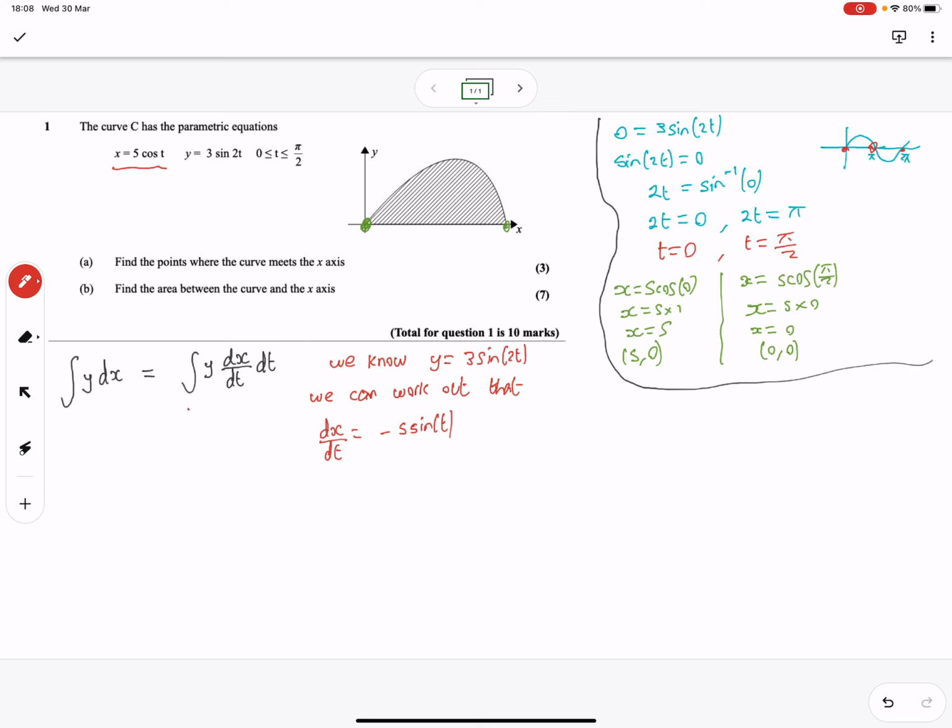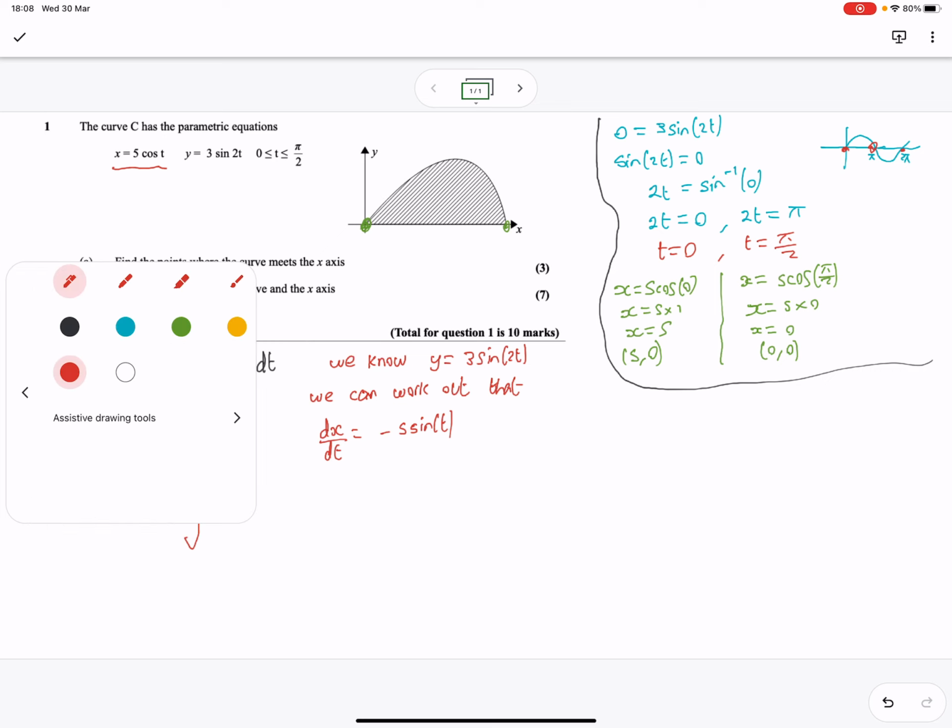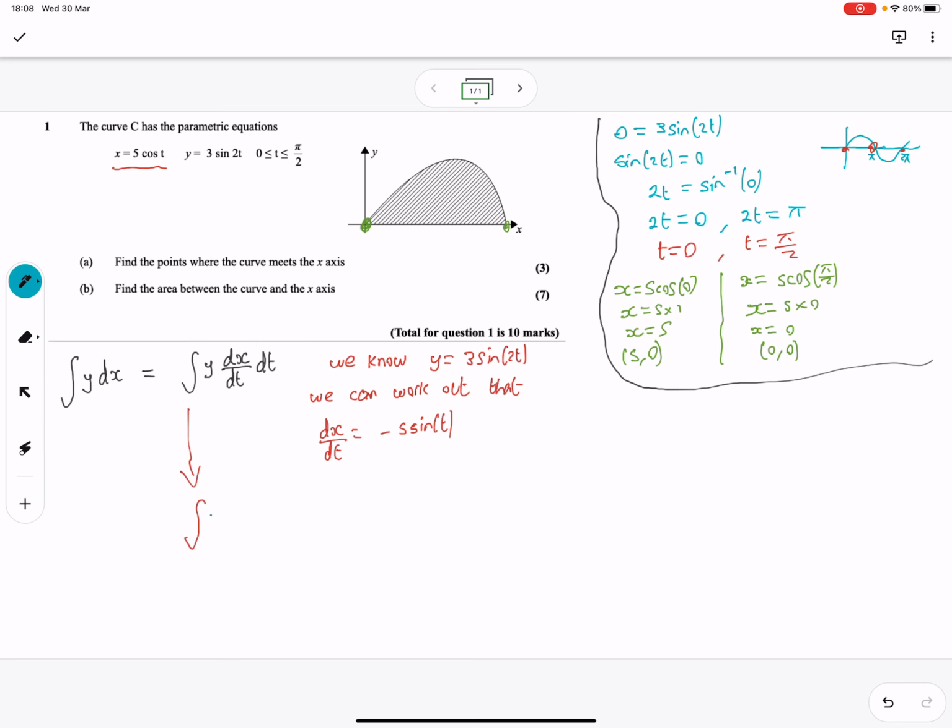Now, we've transformed this integral into the integral of y times dx dt, but y is equal to 3 sine t. The dx dt is equal to minus, sorry, minus 5 sine t, and then it's just dt.